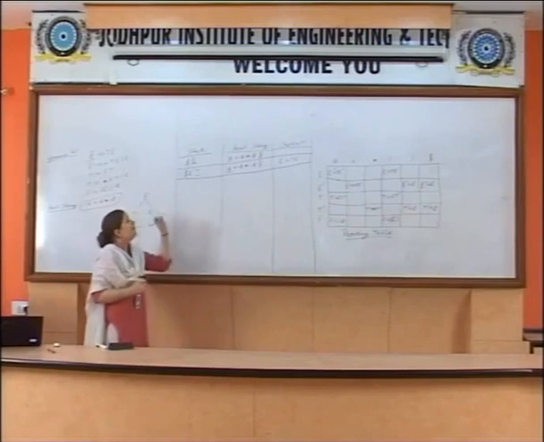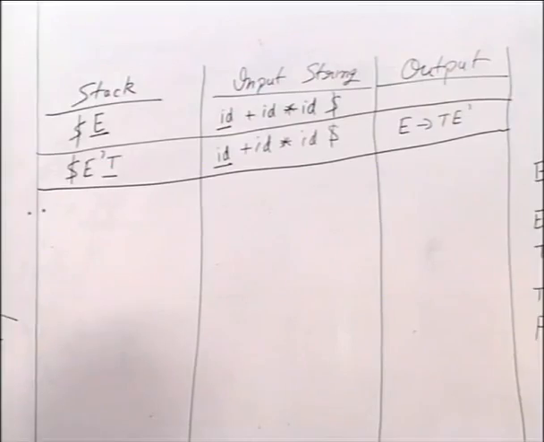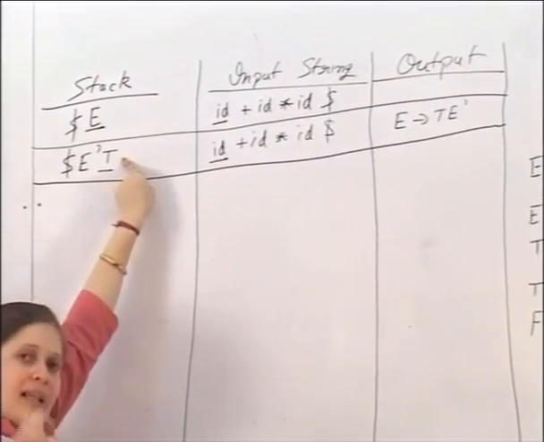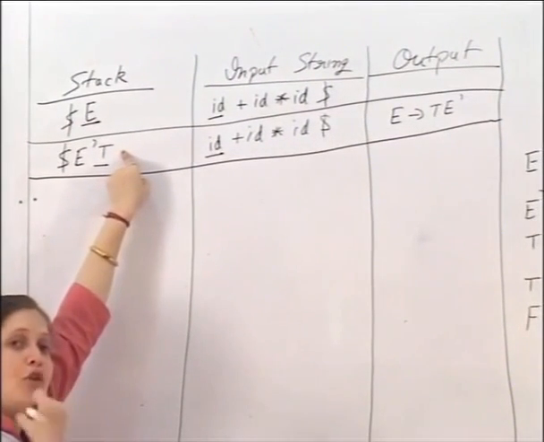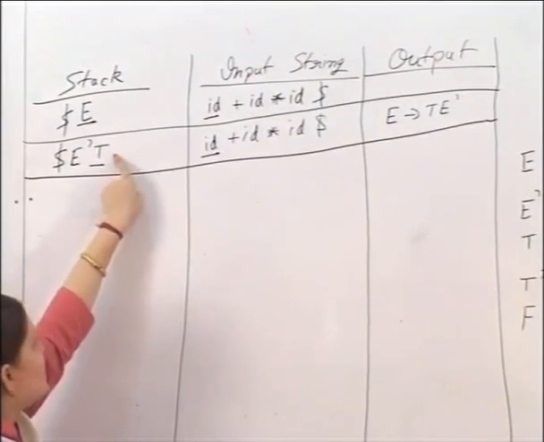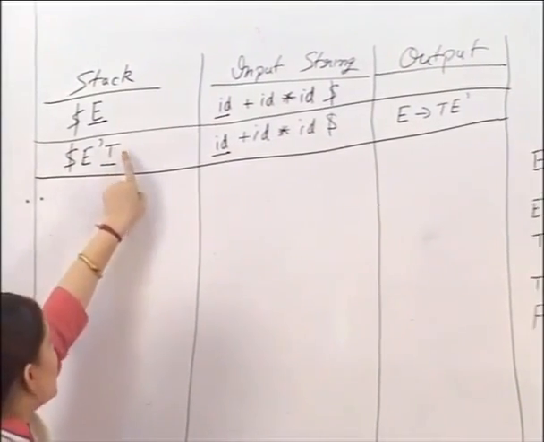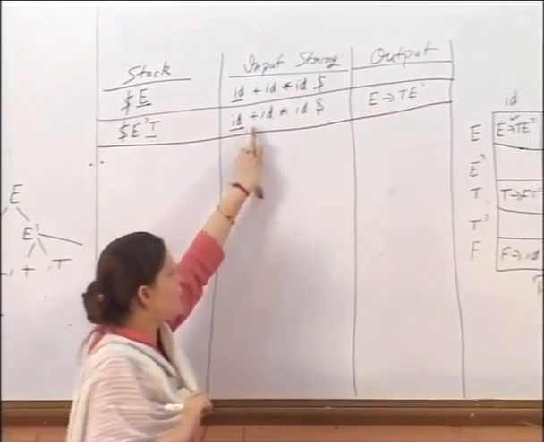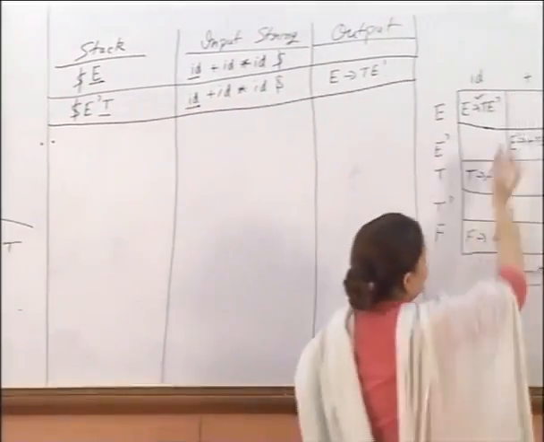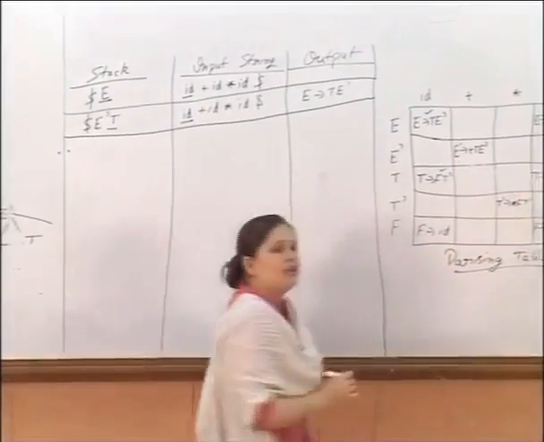Again, the value that is placed on the top of the stack is capital T. Apply the same check: is the value at the top of the stack a terminal or a non-terminal? It is a non-terminal. So for this non-terminal and this input character, check for a match in the parsing table. We find T goes to F T dash.